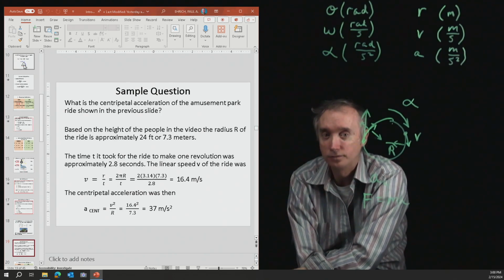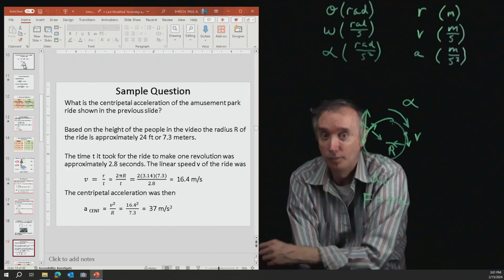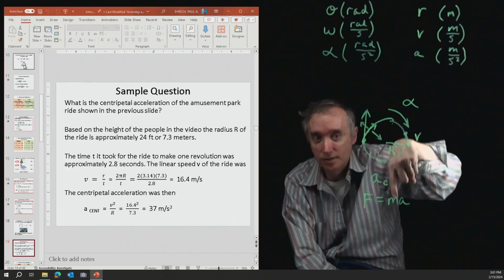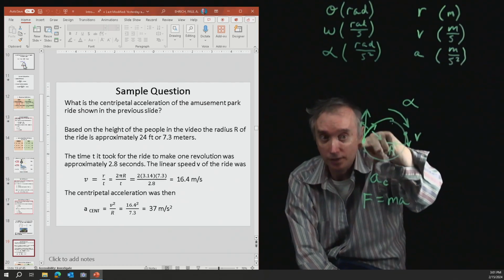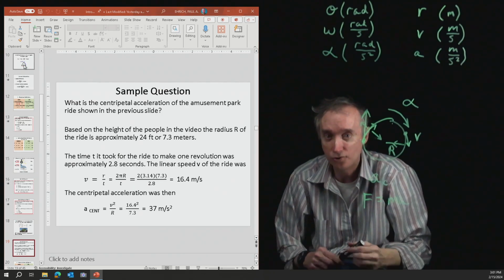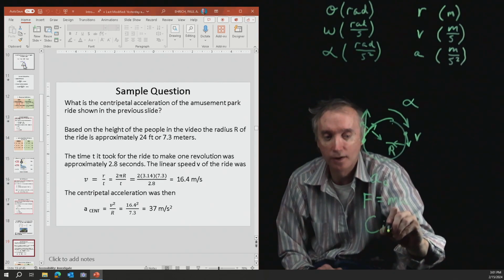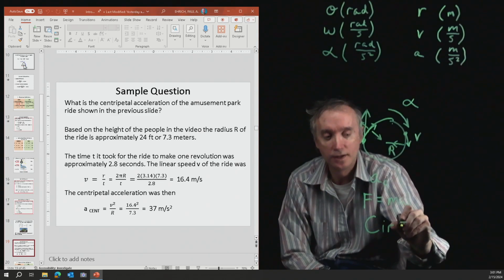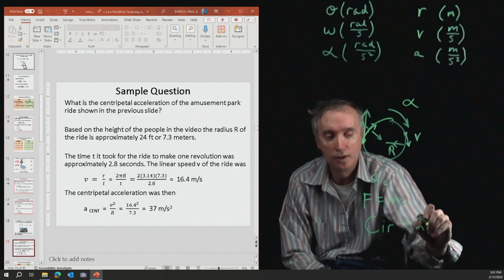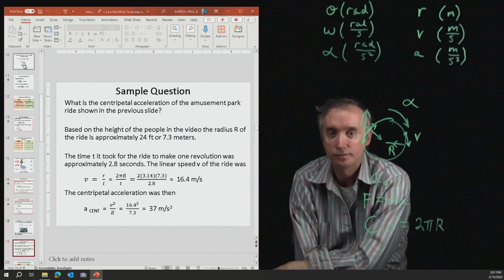Its linear speed is linear distance divided by time, but the distance it goes is a circle. It goes around in a complete circle, and you should know that the circumference of a circle is equal to 2 pi r, where r is the radius.